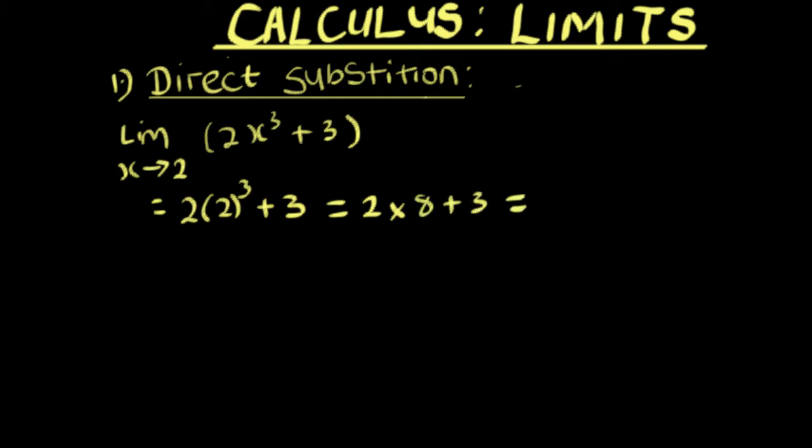Obviously, we do multiplication first, following the rules of BODMAS. So 2 times 8 gives us 16 plus 3, and 16 plus 3 would be 19.